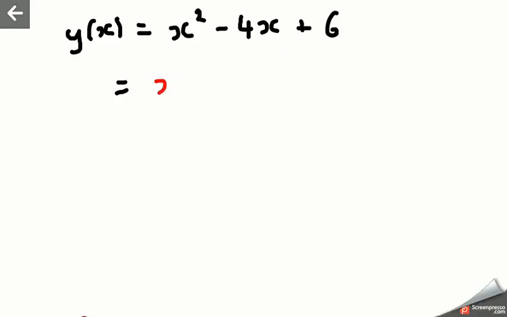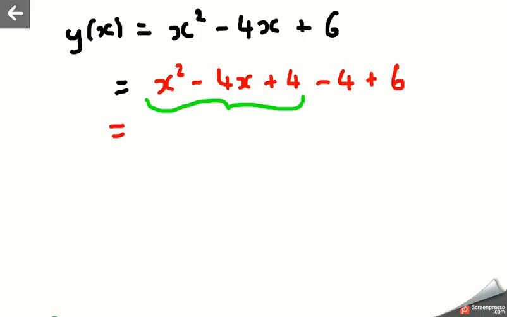So this is equal to x squared minus 4x plus 4 minus 4 plus 6. Because we completed the square, this part here should be a perfect square, and indeed it is, because it is equal to x minus 2 squared. And then we still have minus 4 plus 6, which is plus 2.